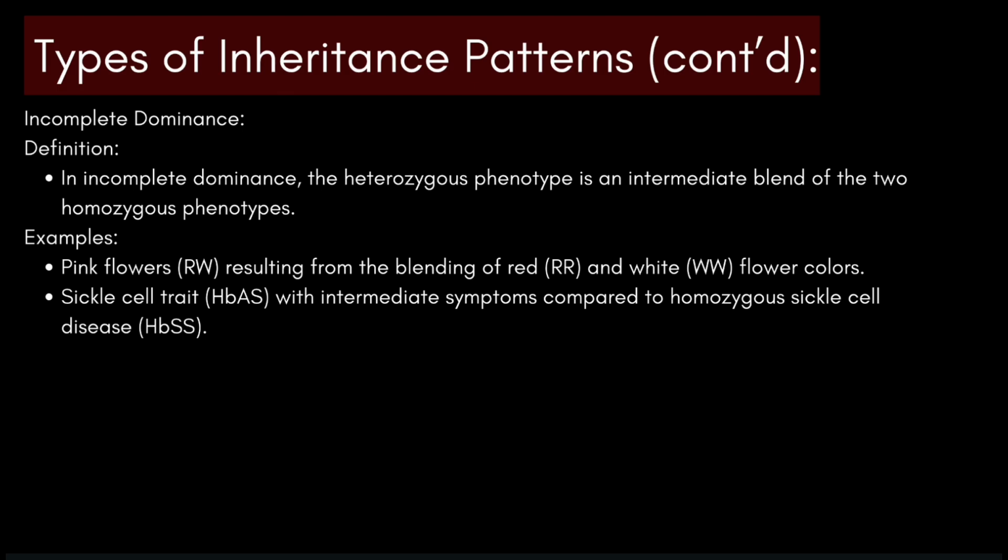Sickle cell trait, HbAS, has intermediate symptoms compared to homozygous sickle cell disease, HbSS. So this shows that individuals that are heterozygous for the sickle cell gene have less severe symptoms when compared to the individuals that have both alleles required for the sickle cell disease.